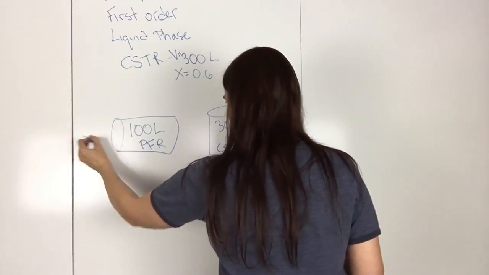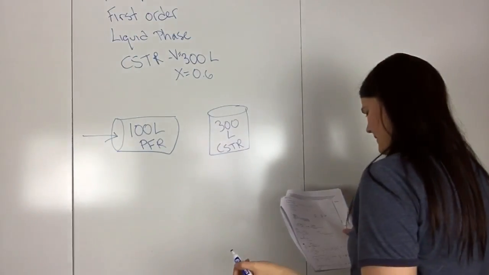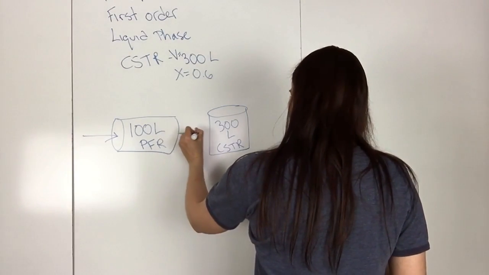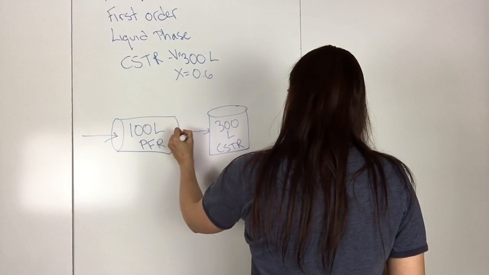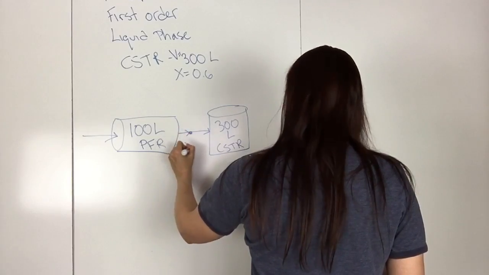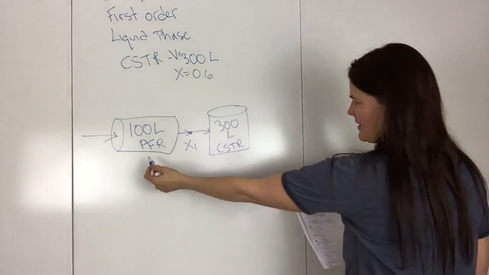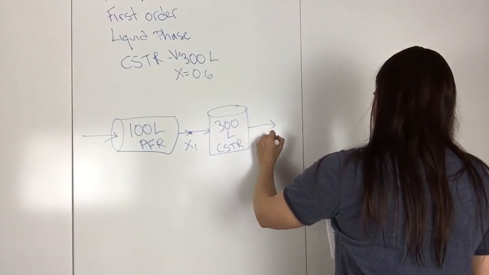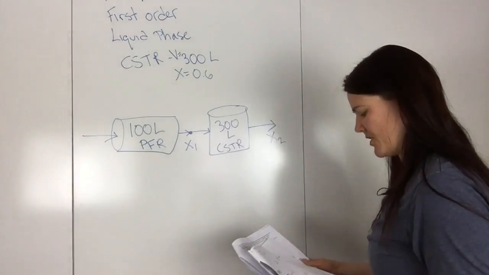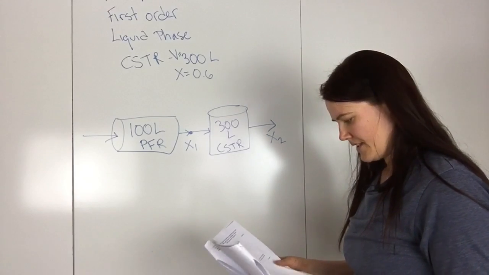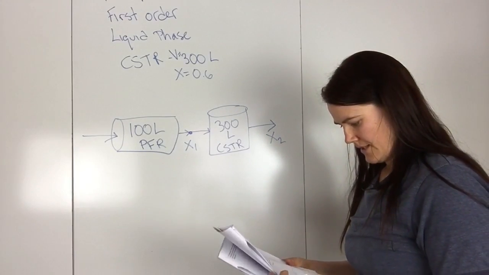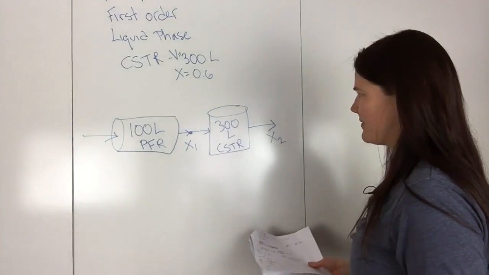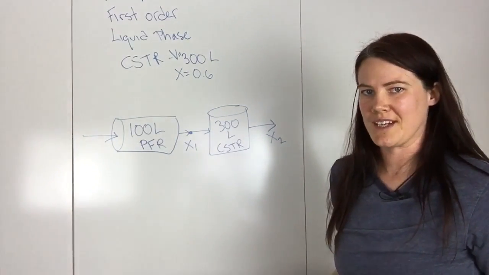And so you have whatever you're reacting flowing in, you have a certain conversion from the PFR, and then you have the total conversion from the CSTR.